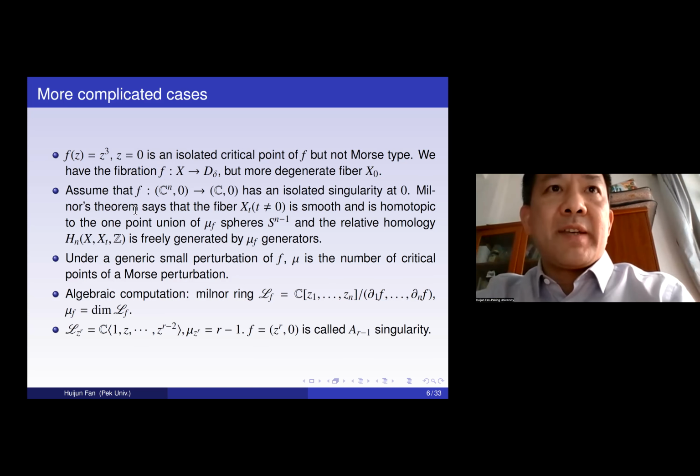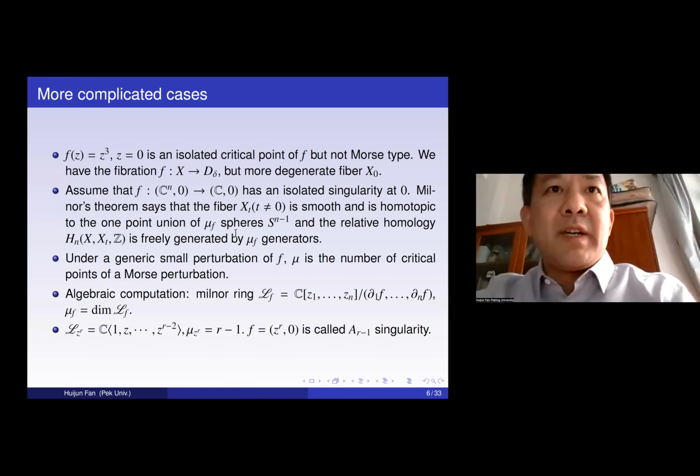So in general, we assume that f from (C^n, 0) to (C, 0) has an isolated singularity at 0. Milnor's theory says that the fiber X_t, t not equal to 0, is smooth and is homotopic to a one-point union of mu_f spheres S^{n-1}, and the relative homology is freely generated by mu_f generators.